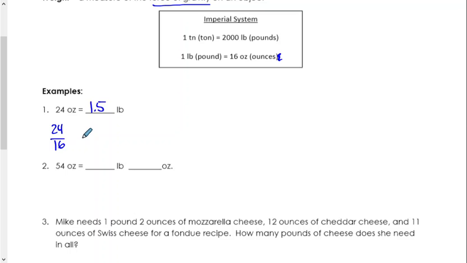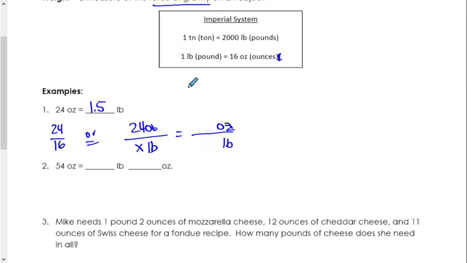Now, if I was unsure that division was the operation that I needed to do, I could just set up a proportion. So let's do that. I have 24 ounces and I want to know how many pounds that's going to be. Setting up my proportion, making sure our units are lined up: ounces and ounces, and pounds and pounds.